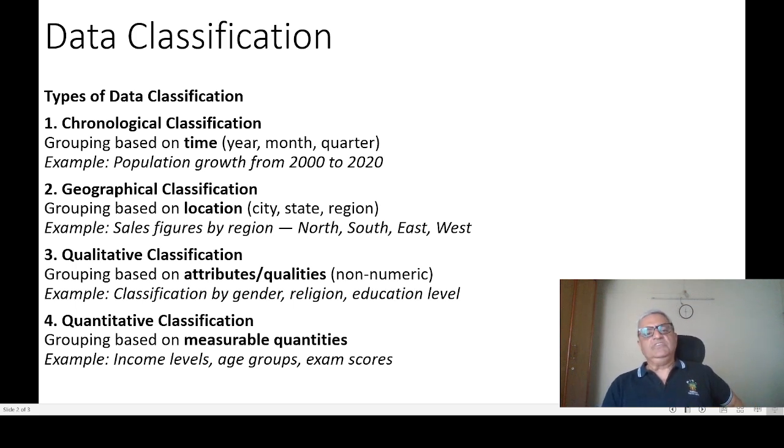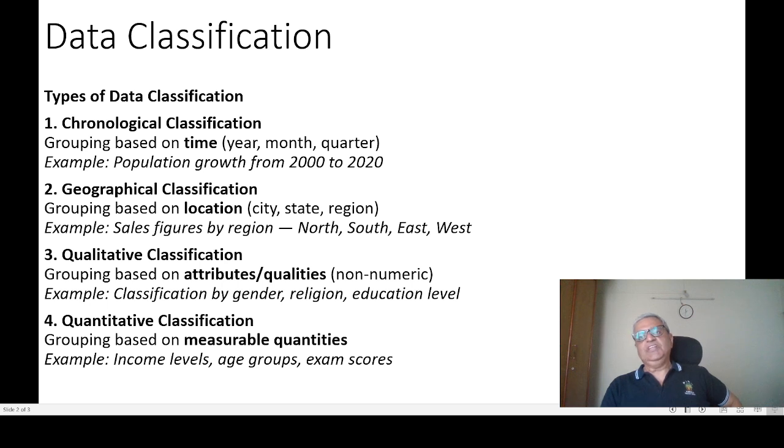Moving forward, we see that there are basically four types of data classification. The first type is chronological classification. Of course, the word chronology itself says that there is some sort of hierarchy, right? So the data is based on time.